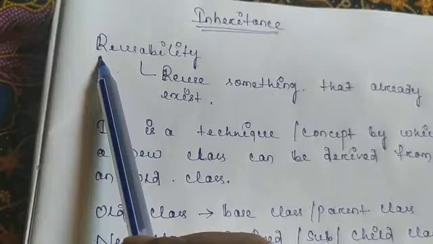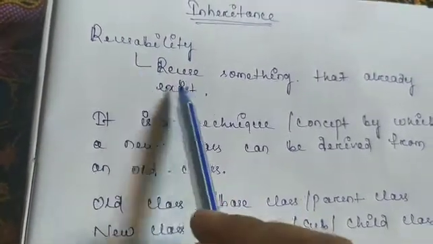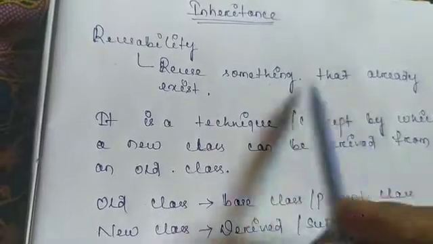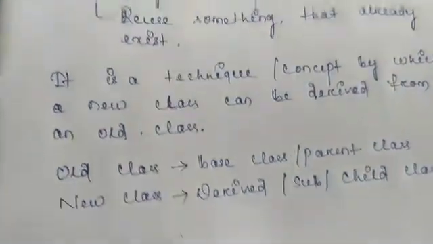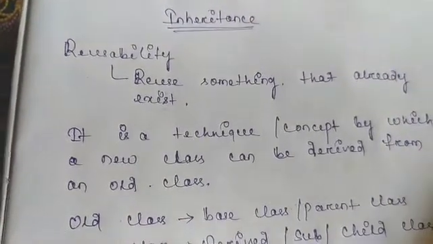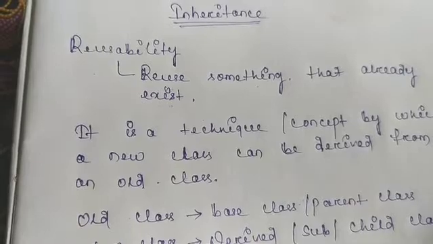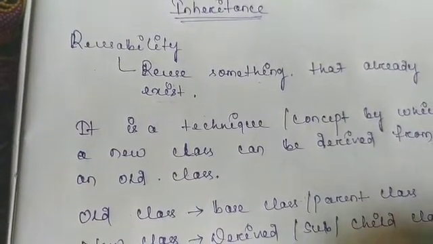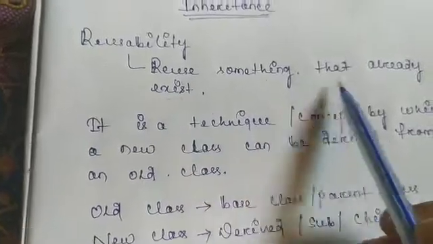There is a concept called reusability. Reusability means reuse something that already exists. Reuse means we don't have to write a new one, we don't have to implement a new one. We can reuse what already exists.